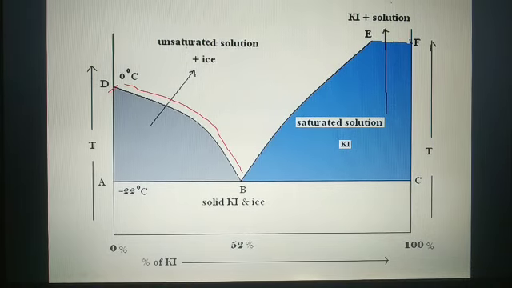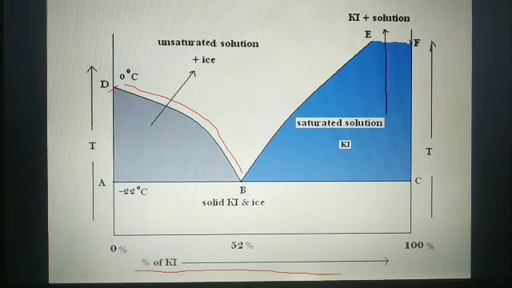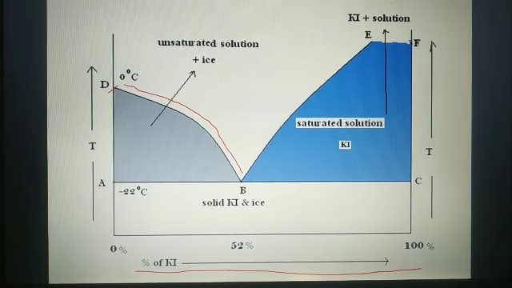How is it being decreased? Because the potassium iodide concentration, see below, is going to increase toward this side. So as you add potassium iodide to the water, the melting point, or the freezing point indirectly, of the water decreases sharply.